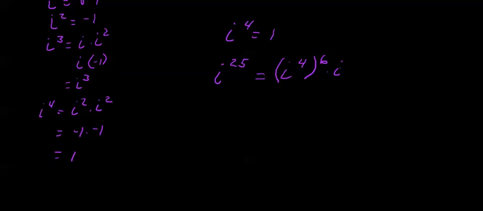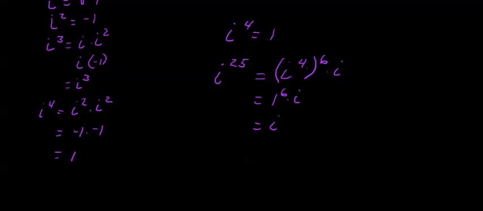All right, I'll show you how I did this in a minute. i to the fourth is 1. 1 to the sixth power is 1, so it's just equal to i.